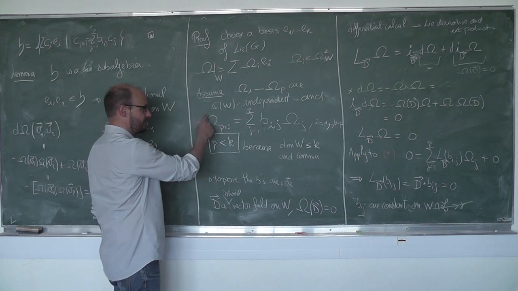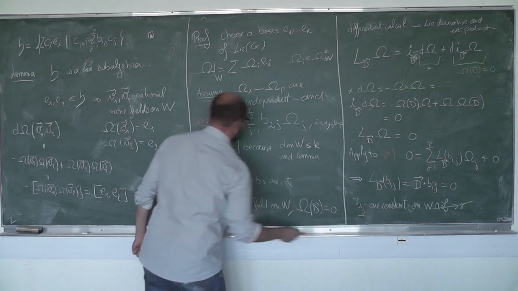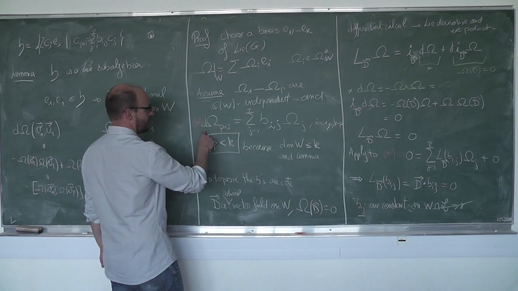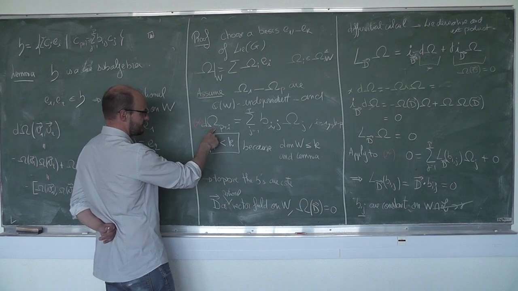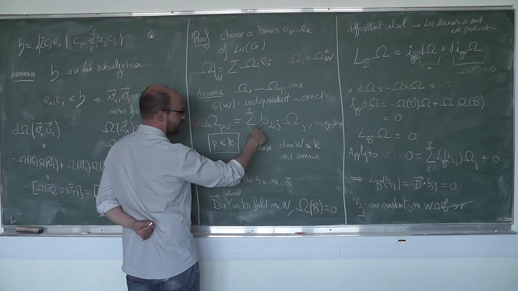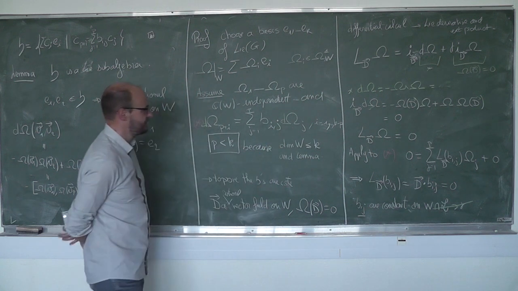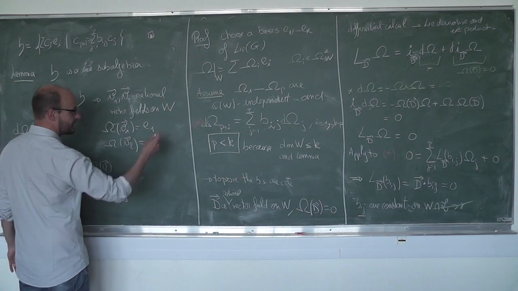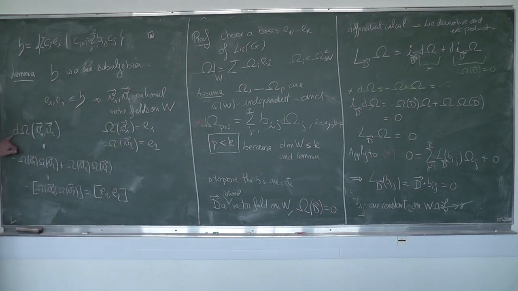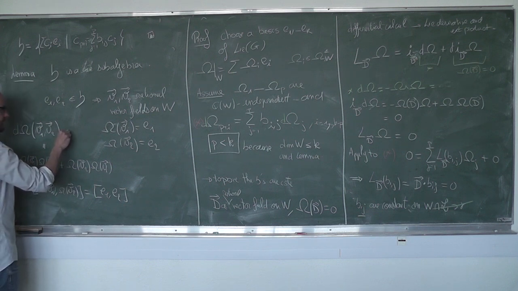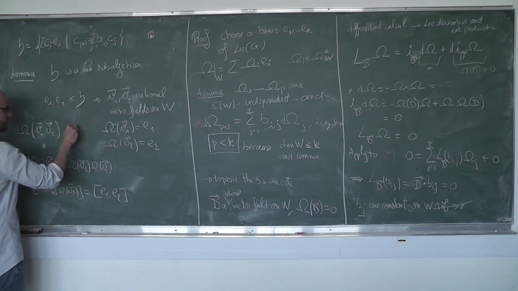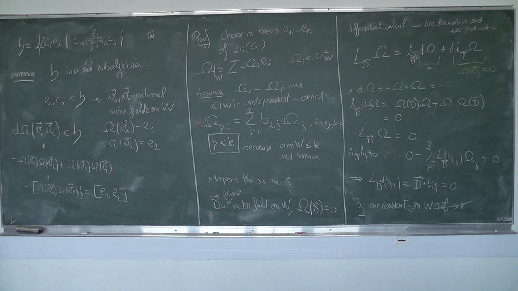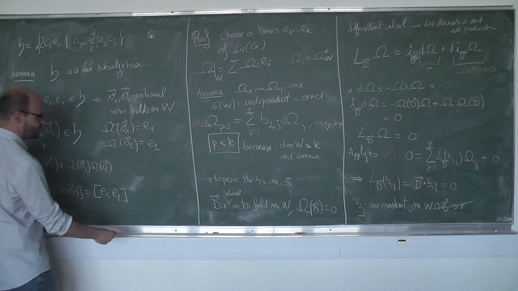And if you take the differential of this, the exterior differential, because they are constant, you have just a d here. So if omega takes a value in the Lie algebra, its differential will take value in the same Lie algebra. And this value on this vector here is exactly the bracket we want. So this proves the lemma.